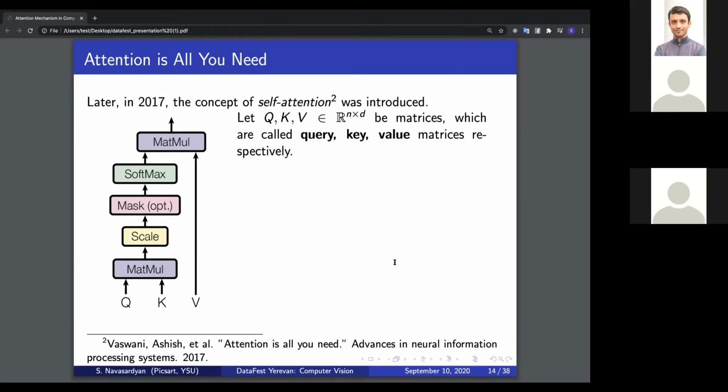The other concept, self-attention, which is closer to the one we use in computer vision, was introduced in the paper "Attention Is All You Need."